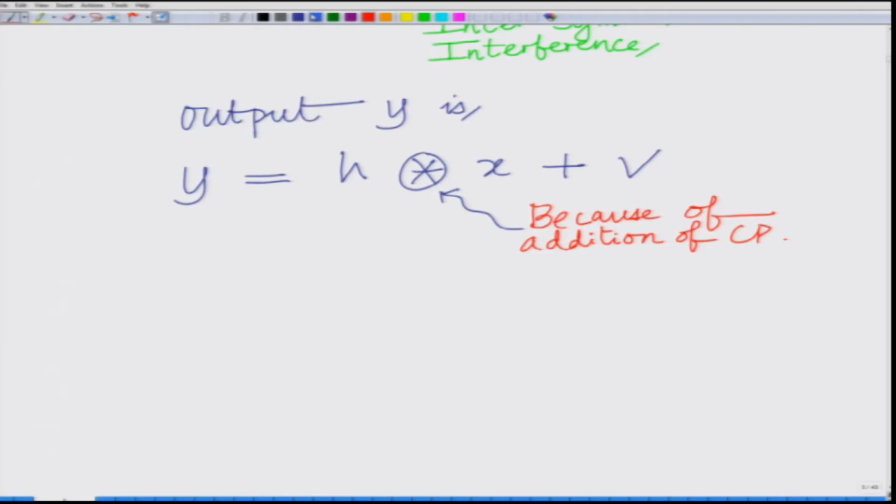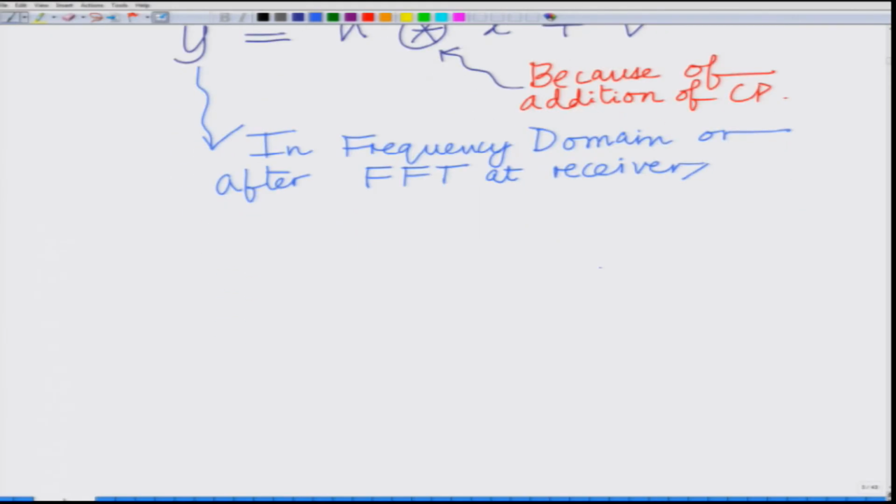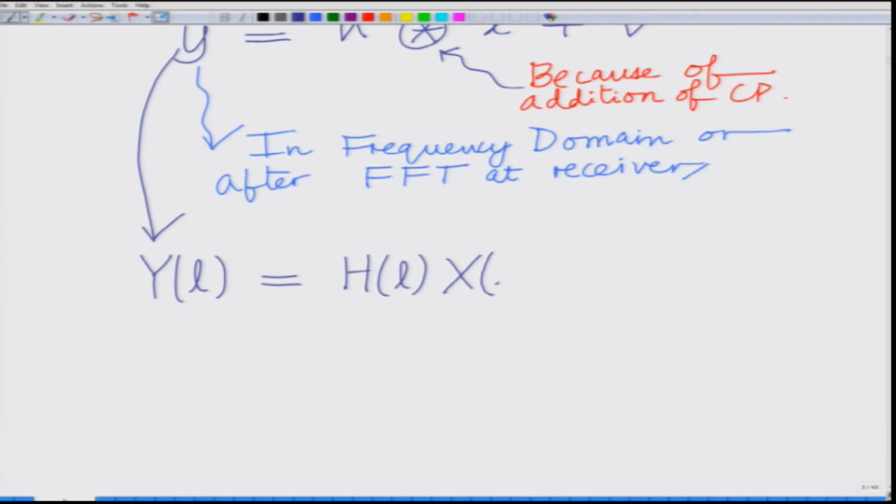And therefore, in the frequency domain, after the FFT at the receiver, this is given as YL equals HL XL plus VL, since circular convolution becomes multiplication.